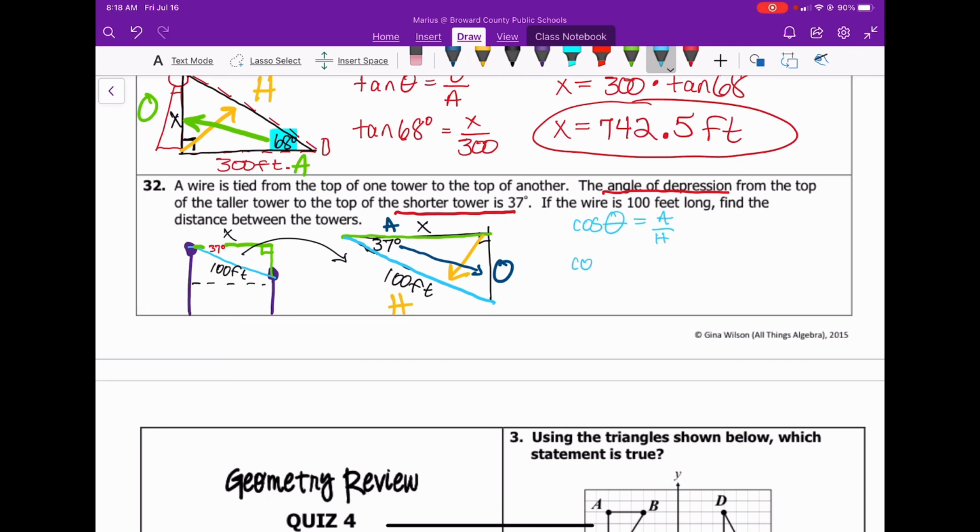So we have cosine of 37 degrees is equal to x over 100. So that means that now x is really equal to 100 times the cosine of 37 degrees. So now we just need to figure out what that is.